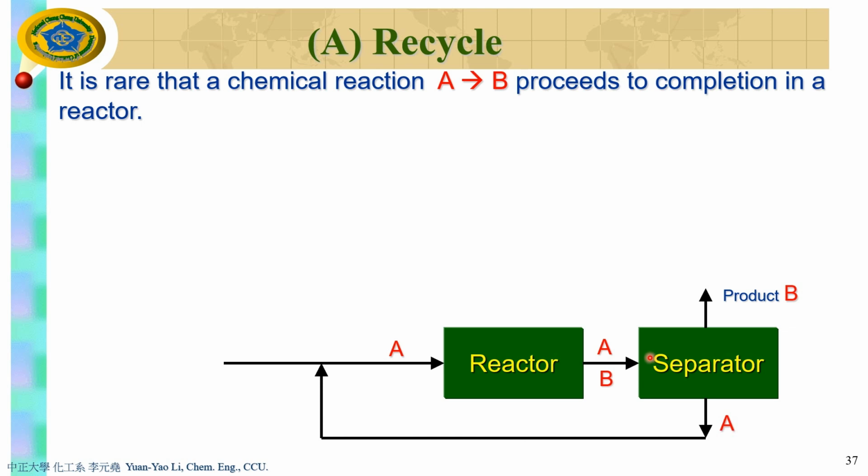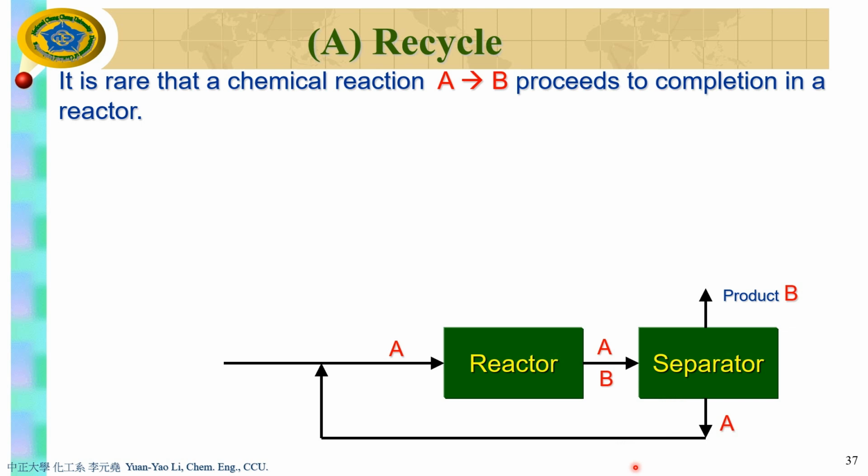This probably takes 1 hour or 2 hours, for example, instead of spending 1 year to get A to react and become B completely. You can build it like this.